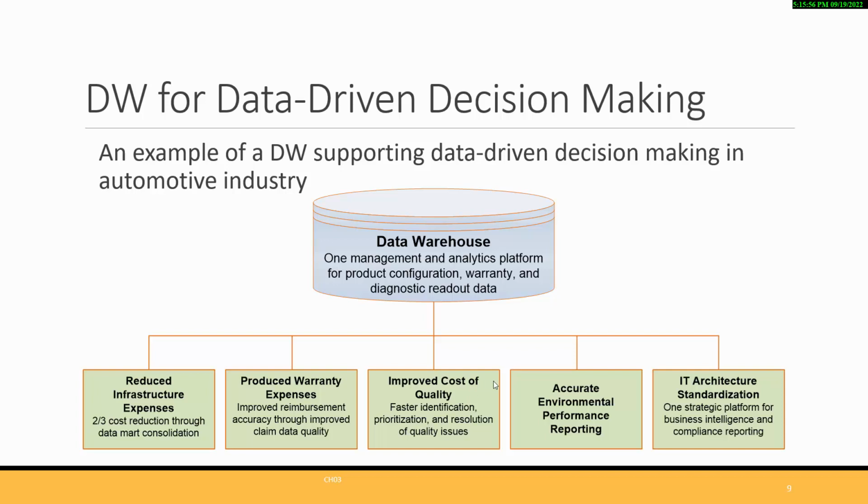It led to IT architecture standardization because you now need to get data from multiple sources and put it in the data warehouse, so a lot of standardized practices were being followed, things of that nature. And this may depend from industry to industry, but there is definitely some benefit in having some data analytics in place.